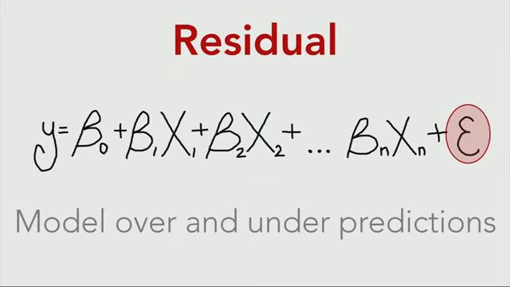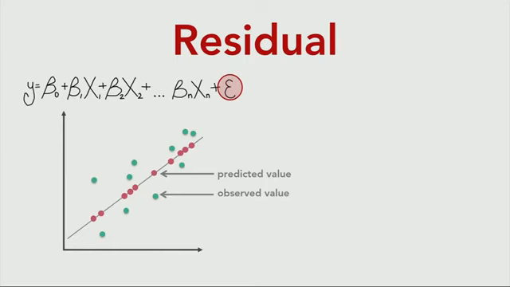And finally, at the end of the equation, we have the residuals. So these are the model over and under predictions. So when we're creating this model, we're basically creating a prediction line. And it's based on all of the values that we know. And we can compare the predicted value to the observed value. But because no model is ever perfect, the observed values probably fall either slightly above or below that prediction line.